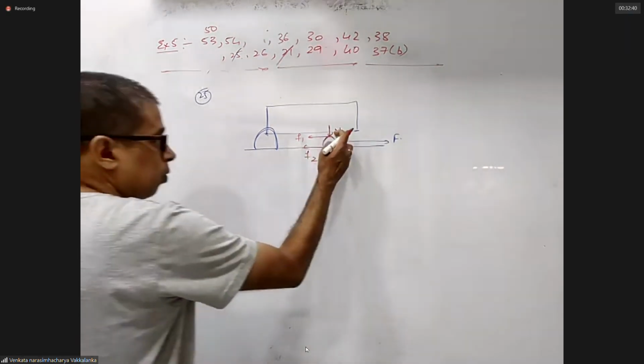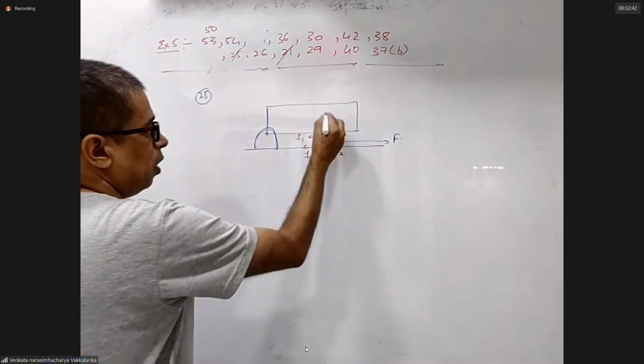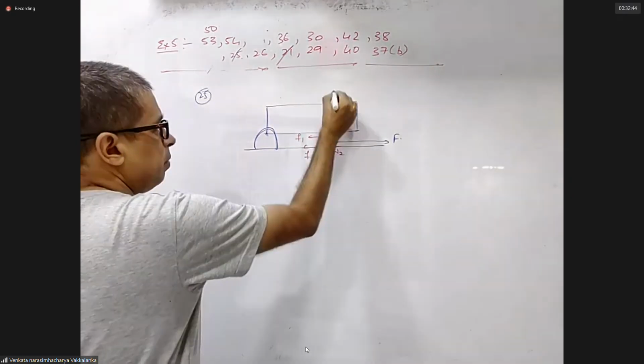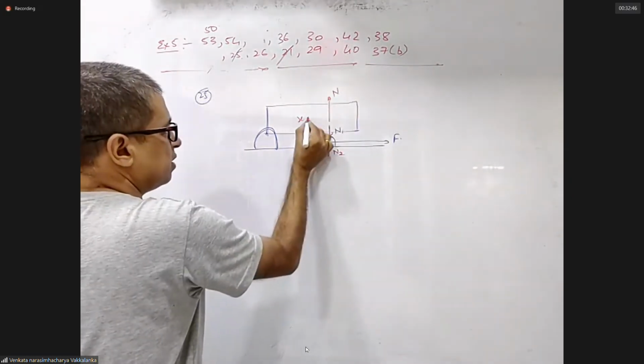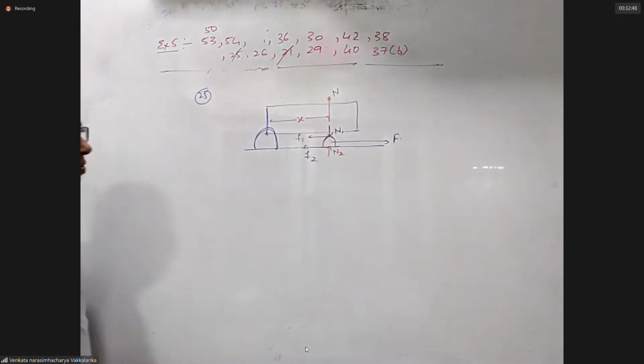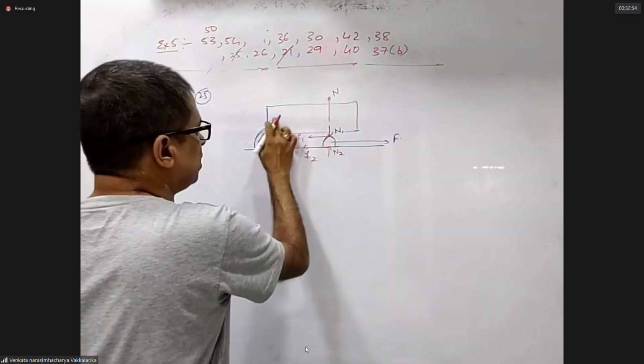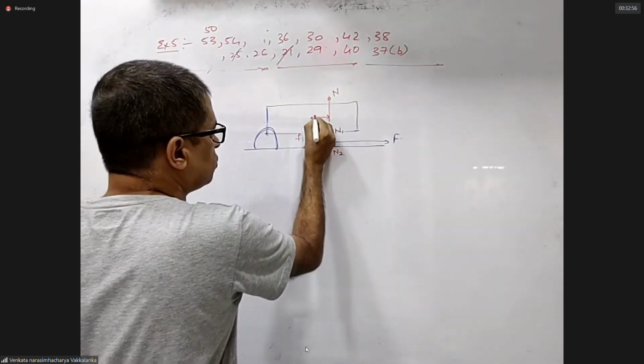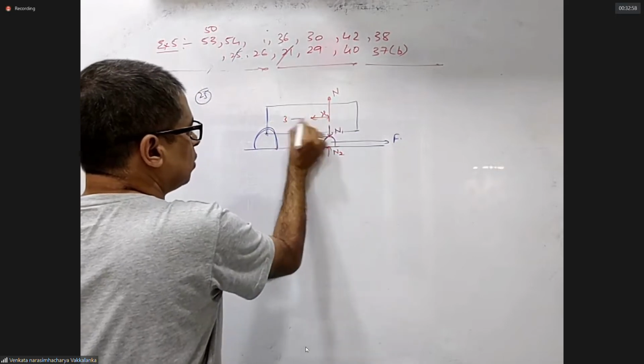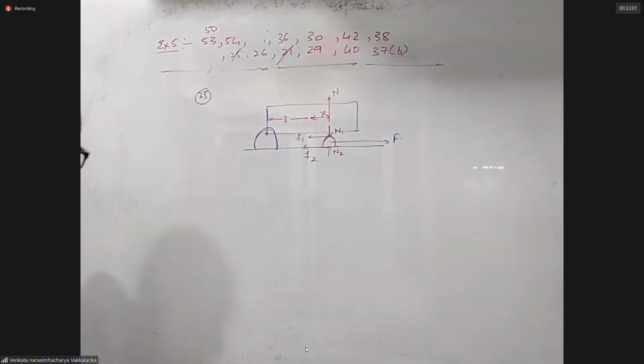Now, reaction of this on this block will be N1 in this direction. I take this distance to be X. You are moving from here. This distance I take as X. This will be 3 meters, something given. So from the center, it moved by a distance of X.